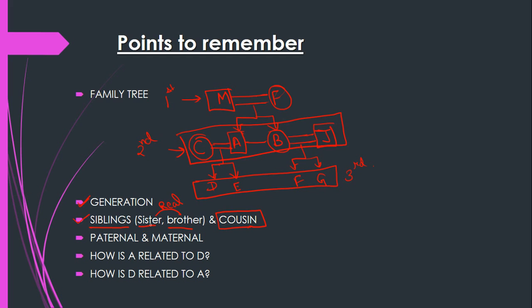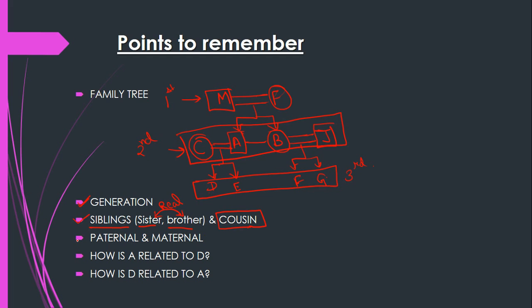That means D and E are siblings, F and G are siblings, but D is a cousin to F. Similarly, E is a cousin to F, and F is a cousin to D and E, and G is a cousin to D and E. Now you have got the difference between cousin and siblings.